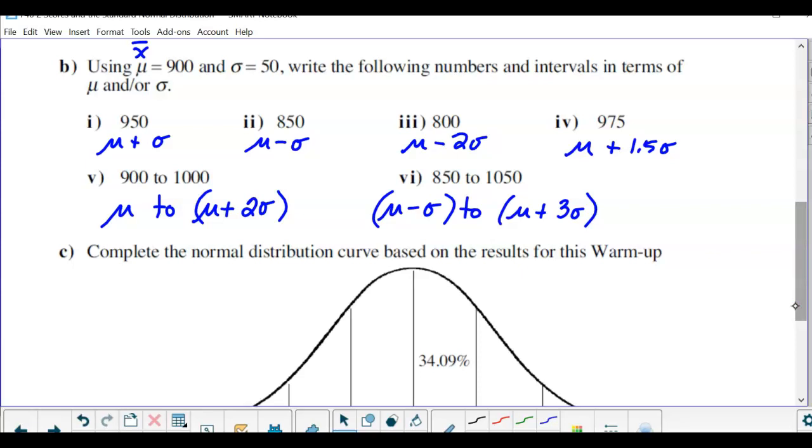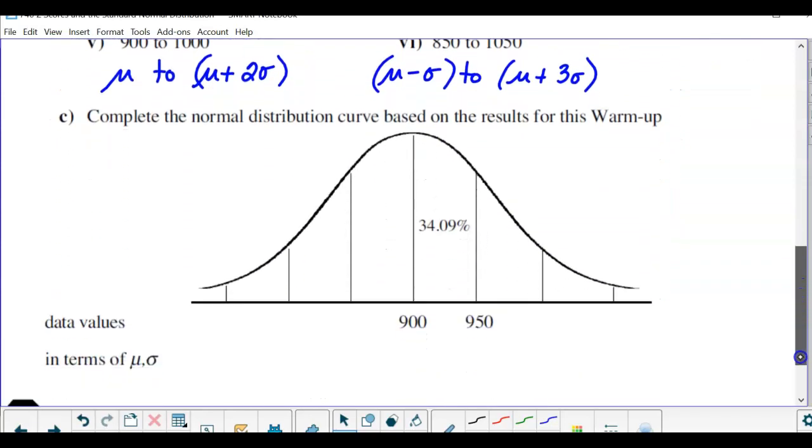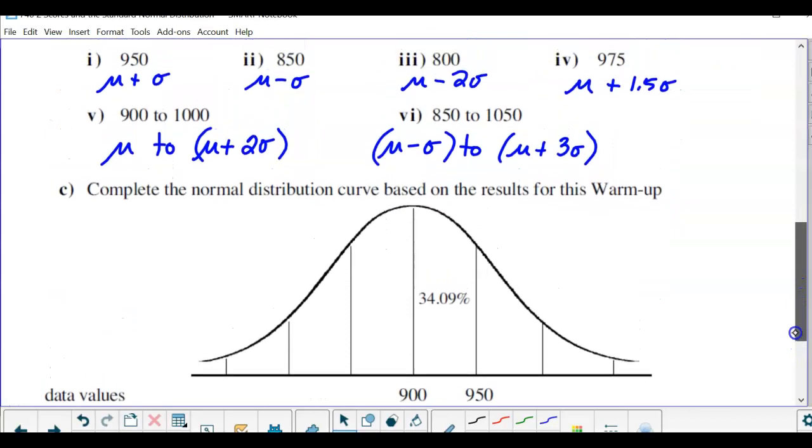Take a look at this curve underneath. Notice how the data values are graphed here. 900 is the mean. It's right smack dab in the middle.